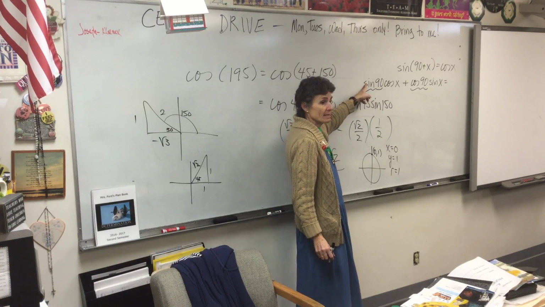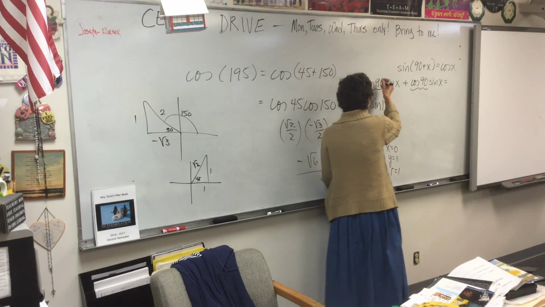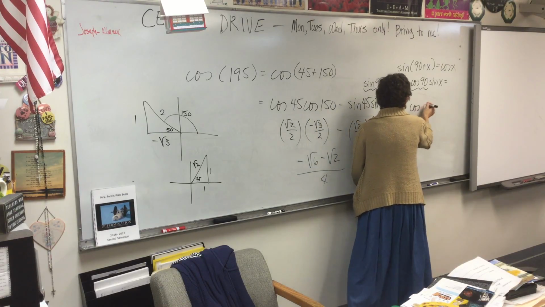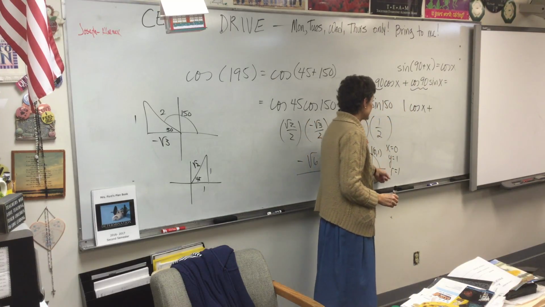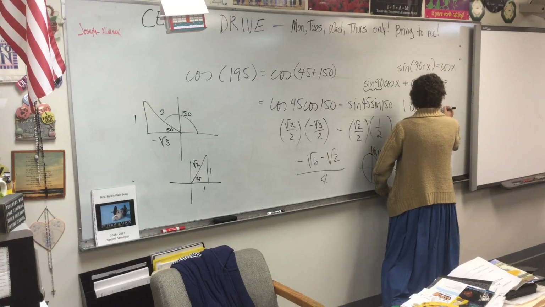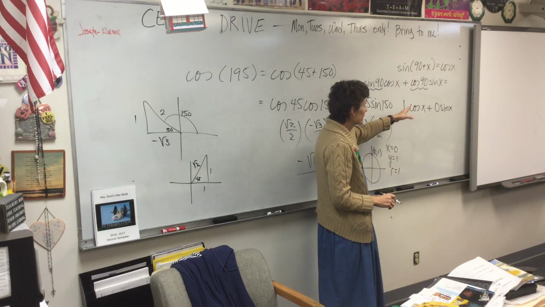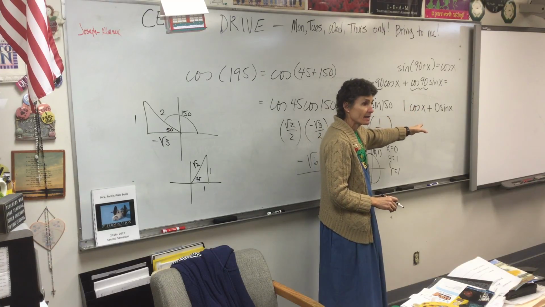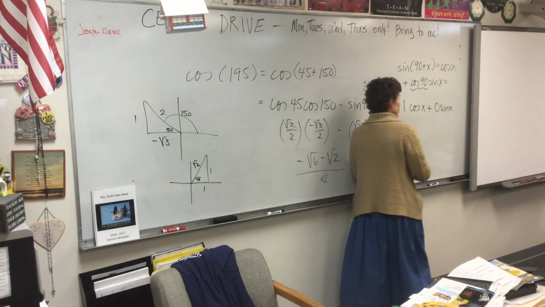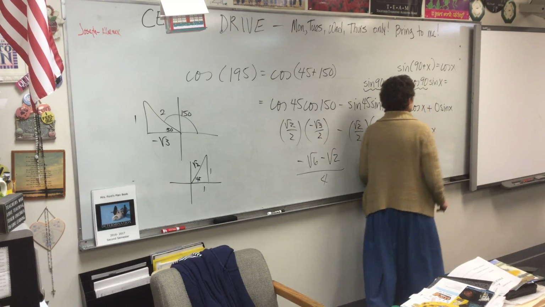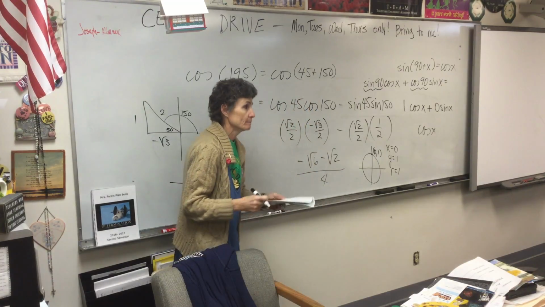The sine of 90 is y over r, which is 1. And the cosine of 90 is 0 over 1, which is 0. So I end up with 1 cosine plus 0 sine, which is just cosine, which is exactly what you were hoping for.